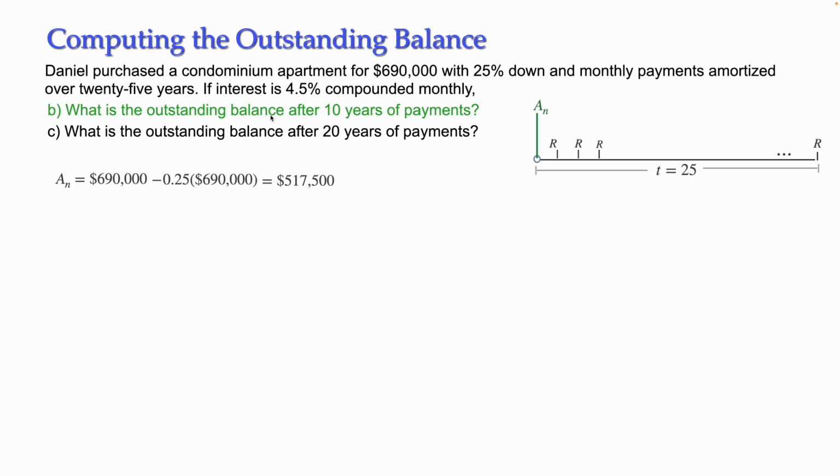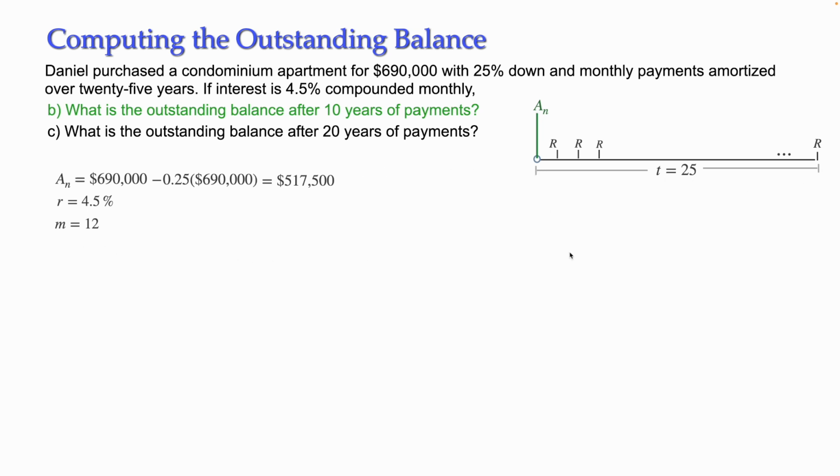And to compute the periodic payment, you will need to take into account the nominal rate of interest. The nominal rate of interest is 4.5%. It's compounded monthly, so M, the number of compound periods per year, is 12. And with that, we can also compute the number of payments. Because this annuity is amortized in 25 years, the term is 25 years.